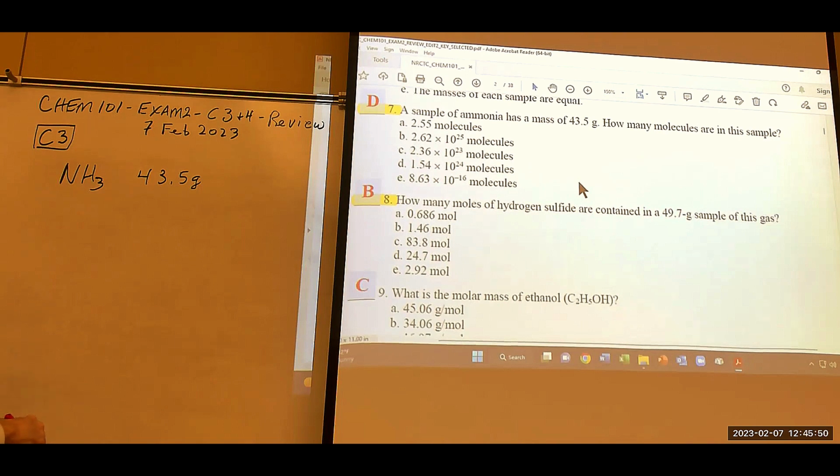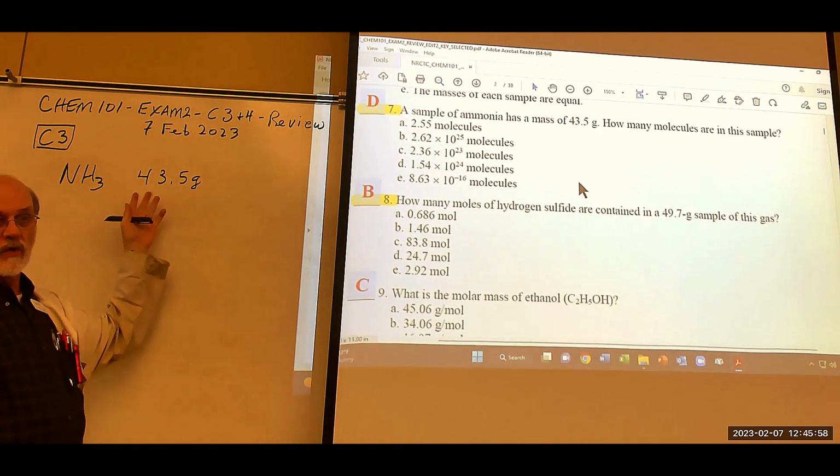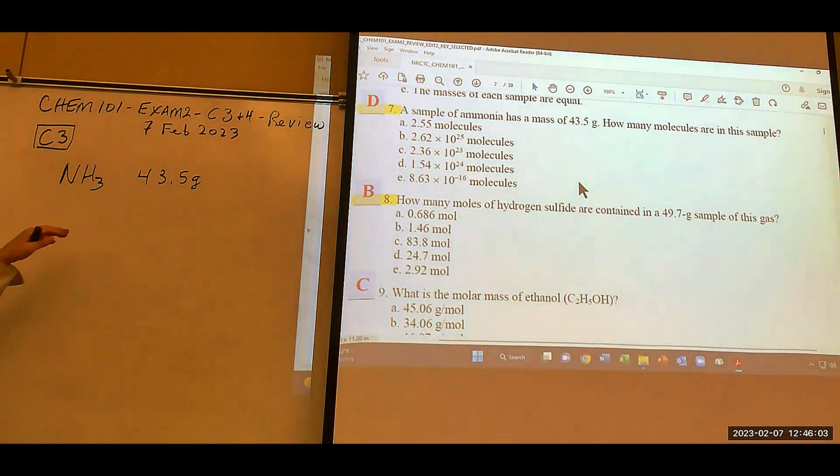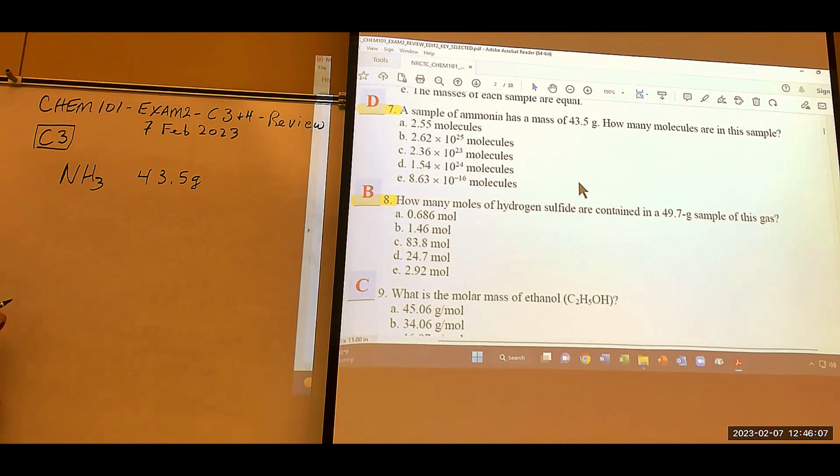Well, in order to work our way to molecules, we need molar mass. Yeah, I think so. So how do we get molar mass for ammonia? How much does nitrogen weigh per mole?